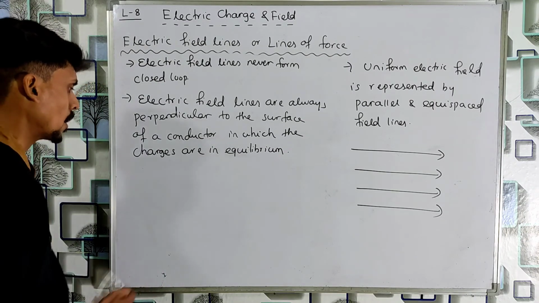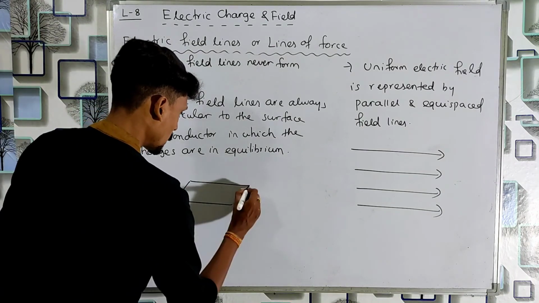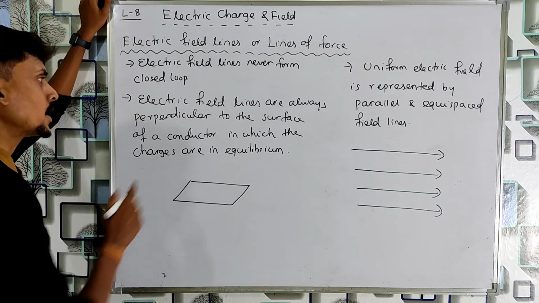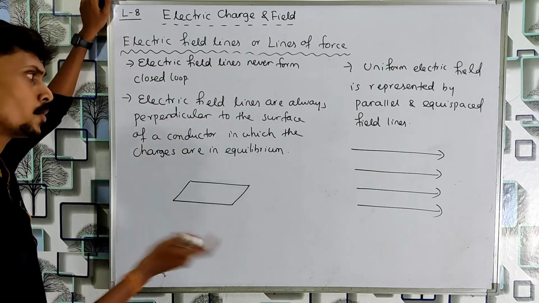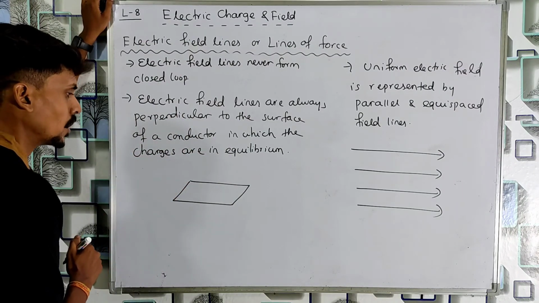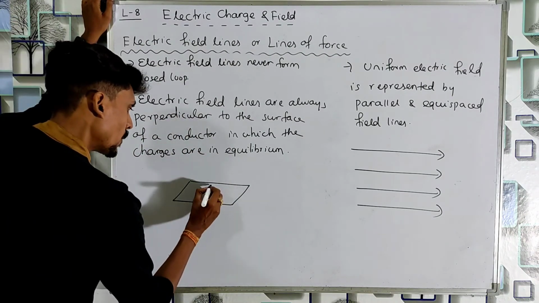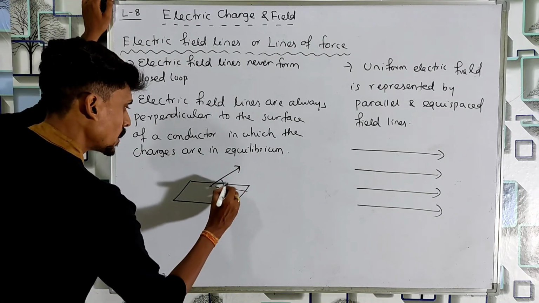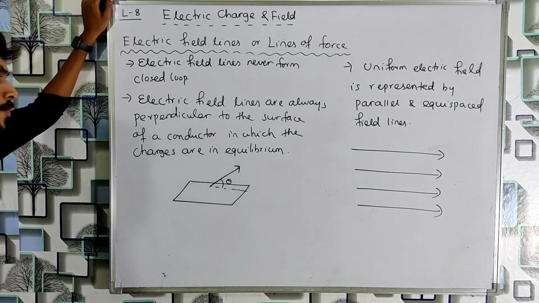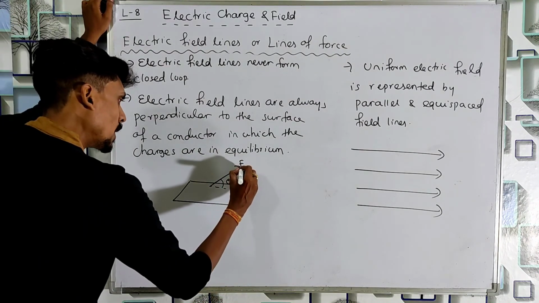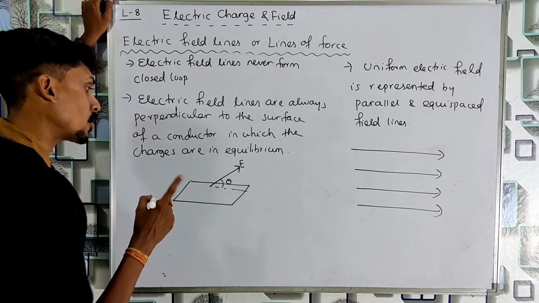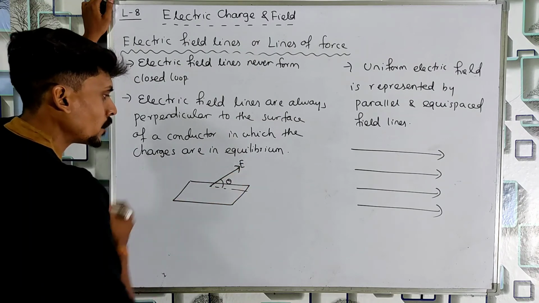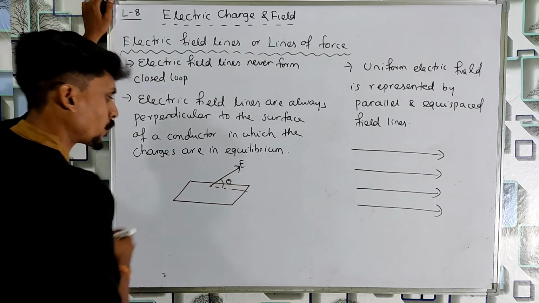What is the reason for it? Suppose this is a conducting surface. This point states that electric field lines must be normal, perpendicular, to this surface. Assume the electric field line is not perpendicular to the surface, rather it makes some angle theta, and theta is not 90 degrees. Then we have some component of electric field along the surface of the conductor.